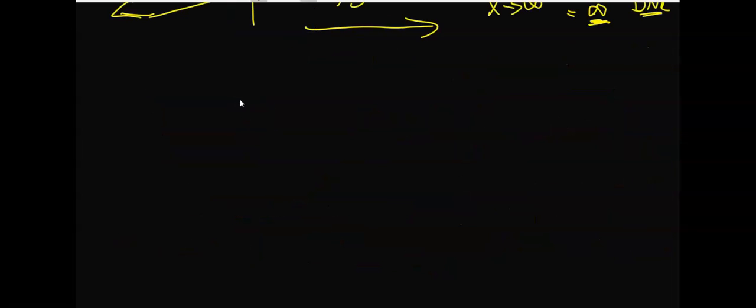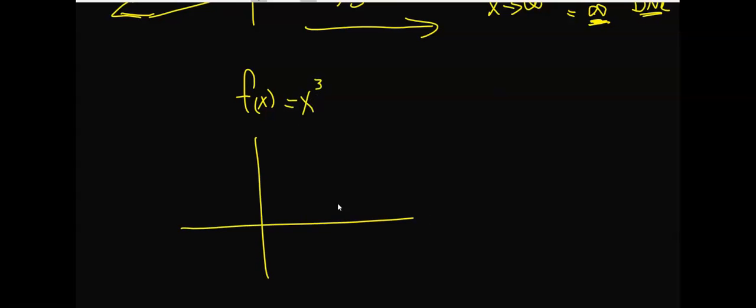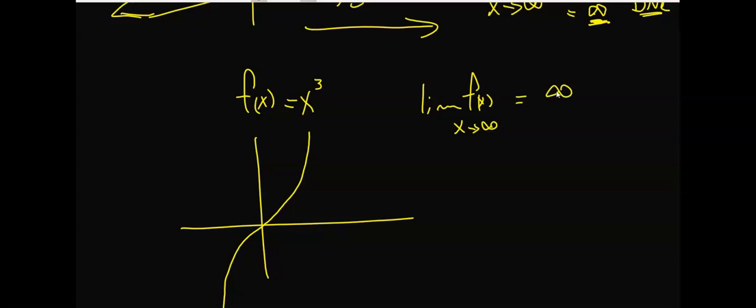Okay, now suppose we have a different function, f of x equals x cubed. If you remember, that is going to look like this, but then it's going to come and do that. It's not going to go back up. So for this function, we could say the limit of this function as x goes to infinity is infinity, or positive infinity, if you guess it's good enough.